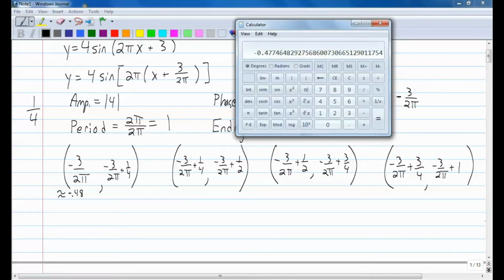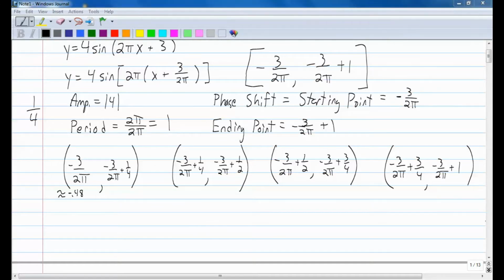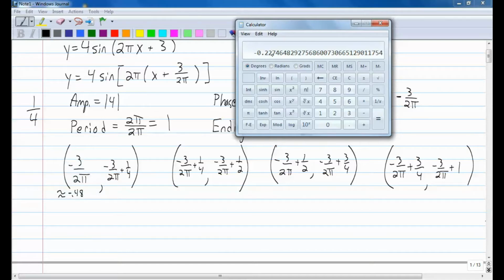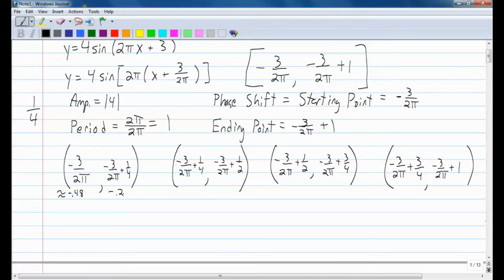Alright, then add 1/4 to that. 1/4 as a decimal is 0.25. Alright, so if I add 0.25 to that, I have about -0.23. All these again are approximations, so if you add 0.25 to that, this is going to be -0.02.